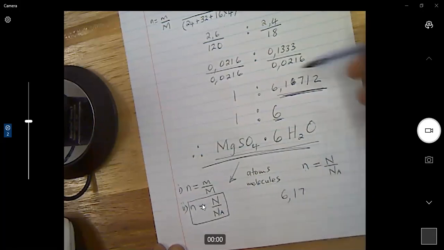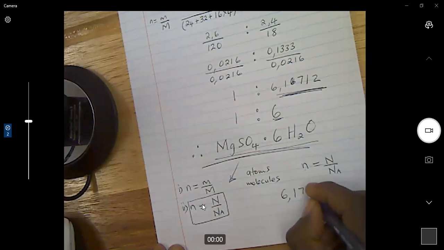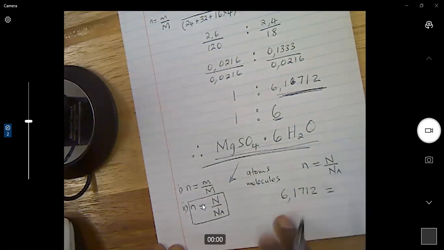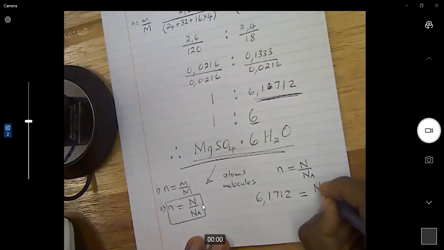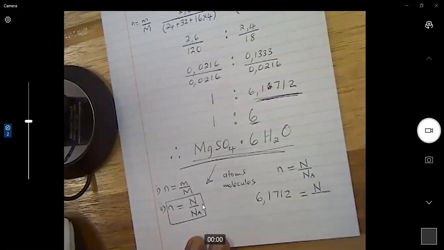We're using 4 decimal places, so I'll take those 4. Those are my number of moles, equal to N, number of particles, over Avogadro's number. What is Avogadro's number? 6,022 times 10 to the power 23. Then you make N the subject of the formula.